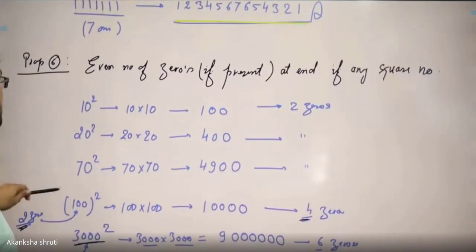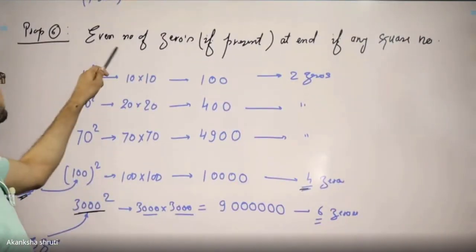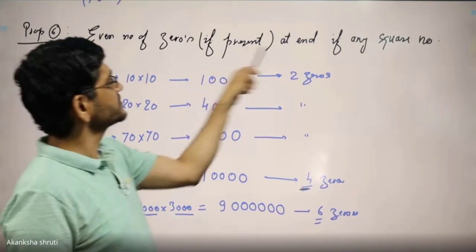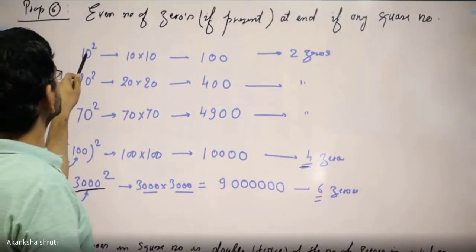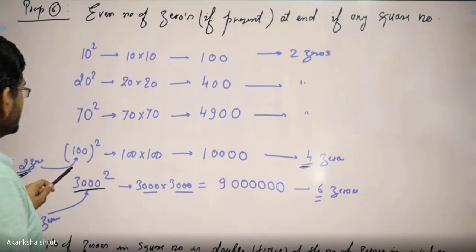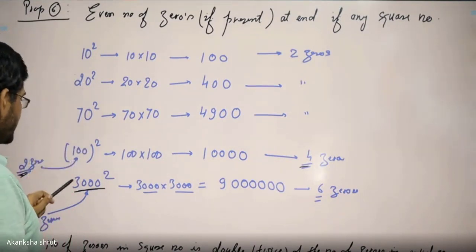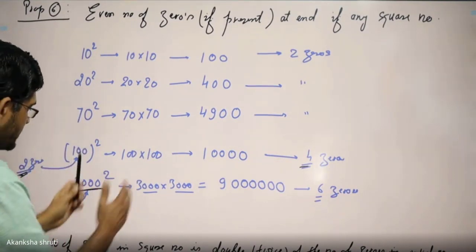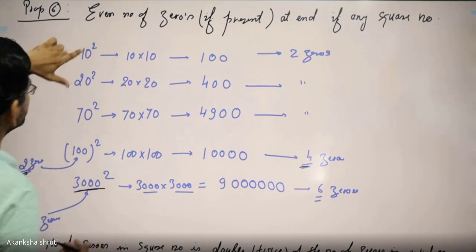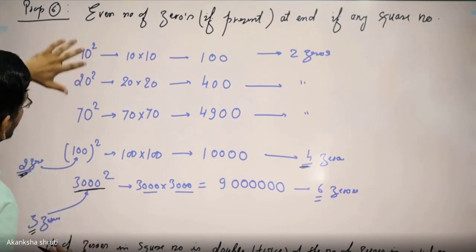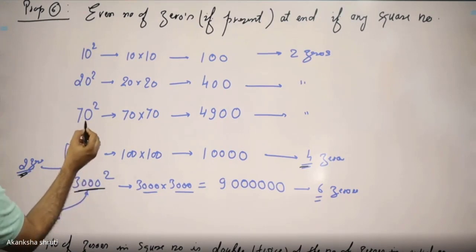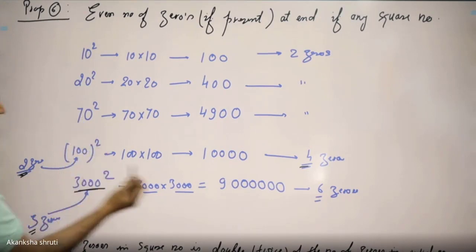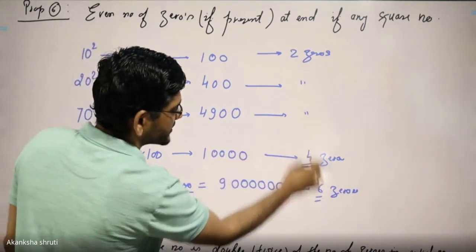Students, the next property that we have written: even number of zeros in the pattern. If we are taking the zeros at the end digits, whatever the number of zeros in this number, in their square the number of zeros gets multiplied by 2.